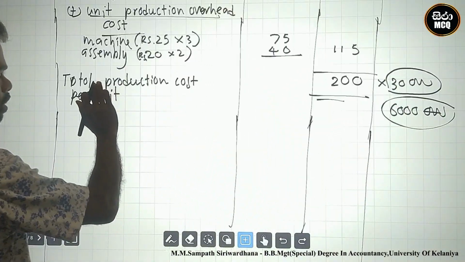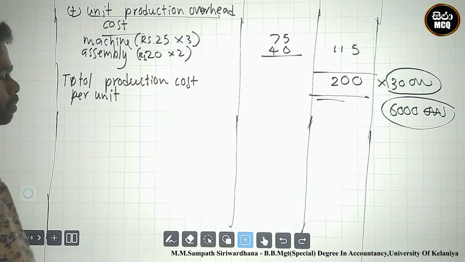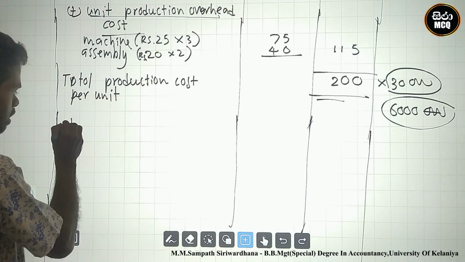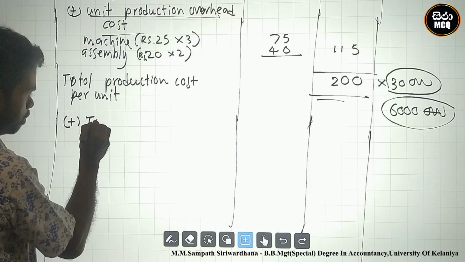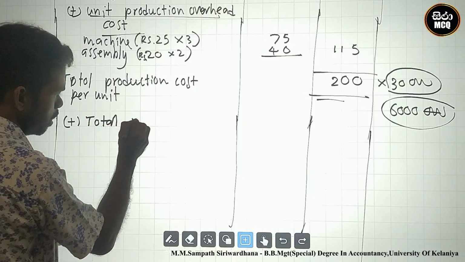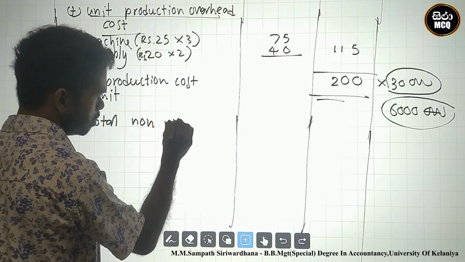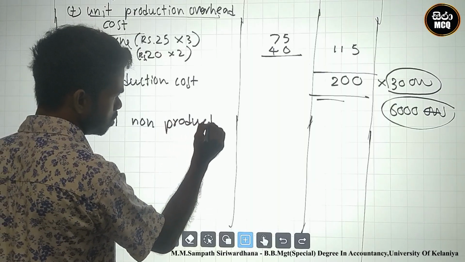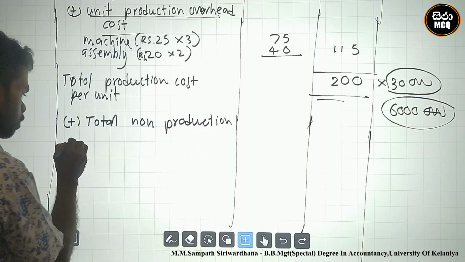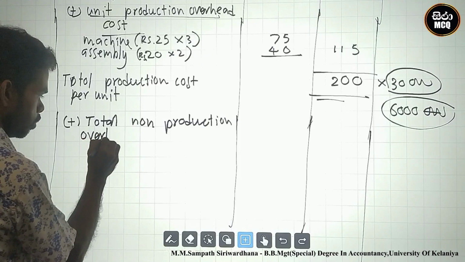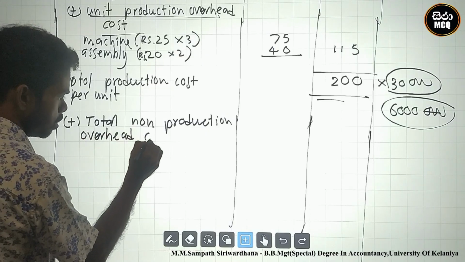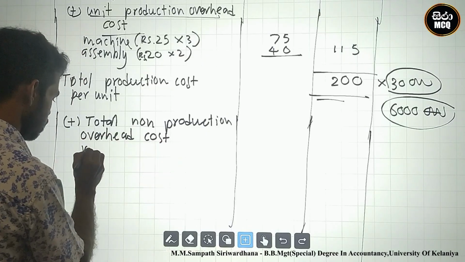You know, this is the total production cost per unit. After that I add total non-production overhead cost per unit.